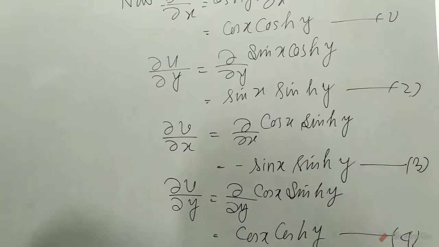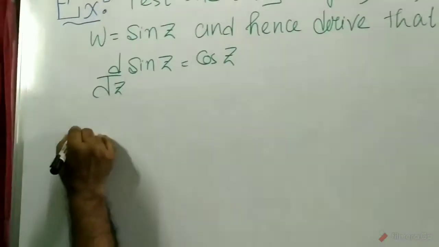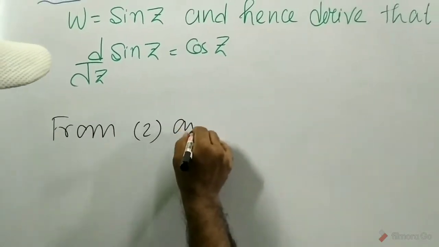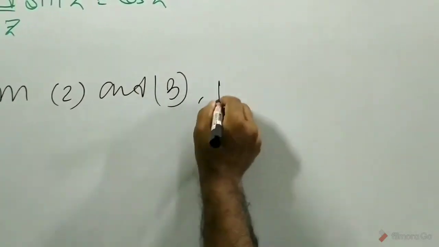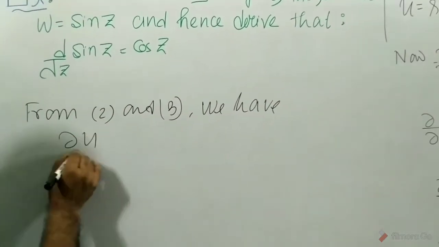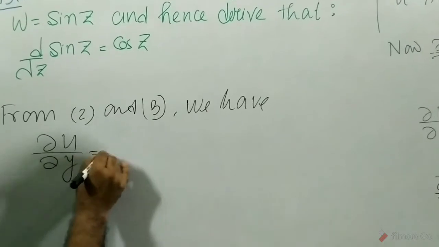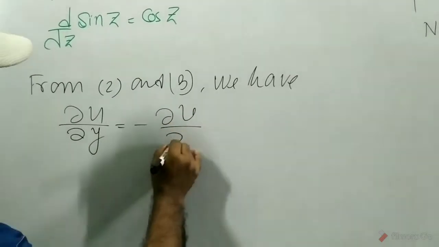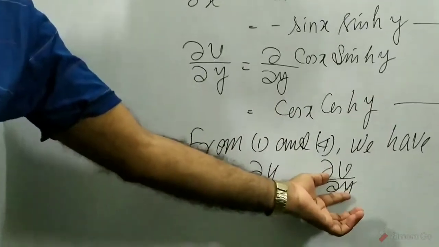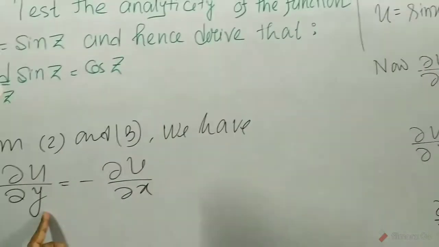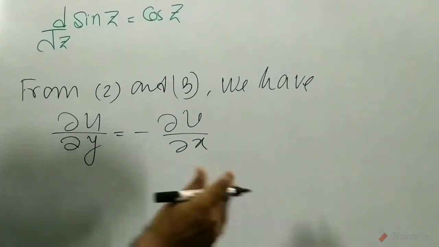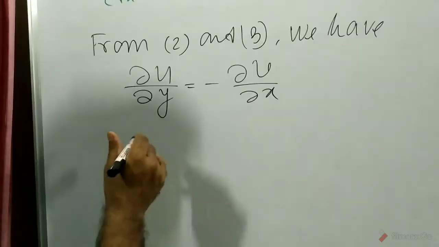So from 2 and 3 we have del u del y equal to minus del v del x. So we get del u del x equal to del v del y, and here we get del u del y equal to minus del v del x. We get this. So this is nothing but our CR equation.